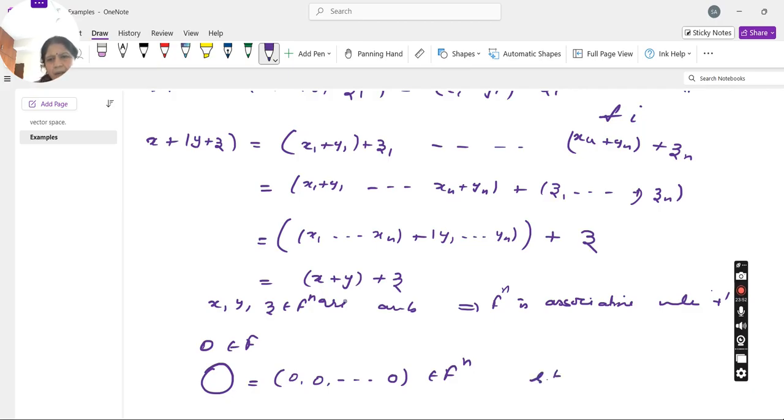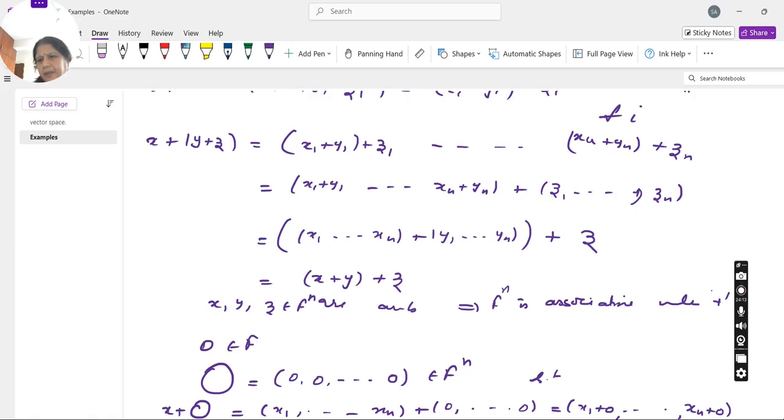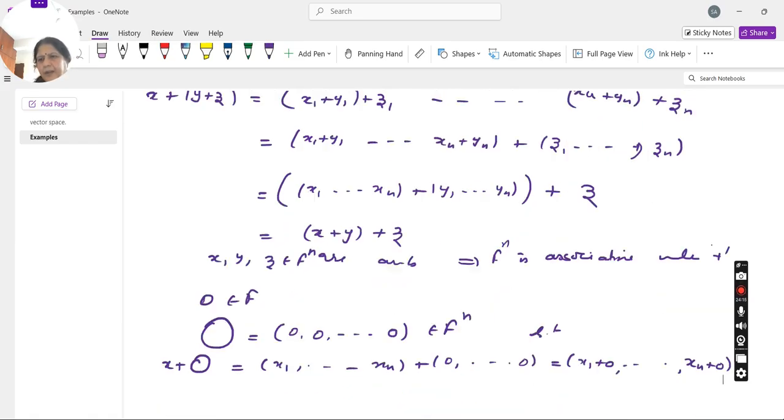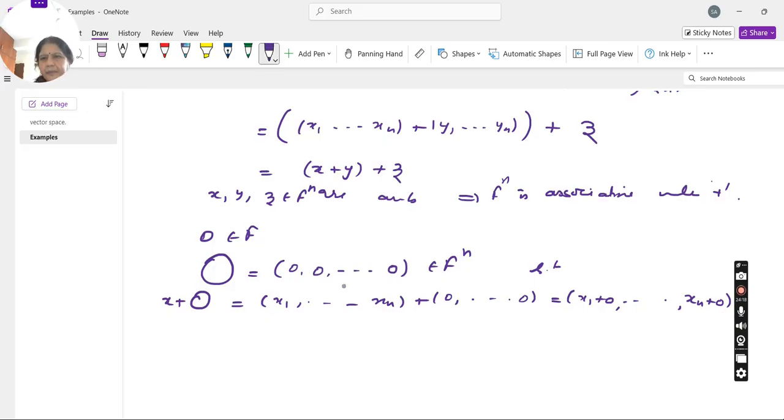Such that x plus 0 is (x1, x2, ..., xn) plus (0, 0, ..., 0), which is (x1 plus 0, ..., xn plus 0), which is (x1, x2, ..., xn), which is nothing but x.